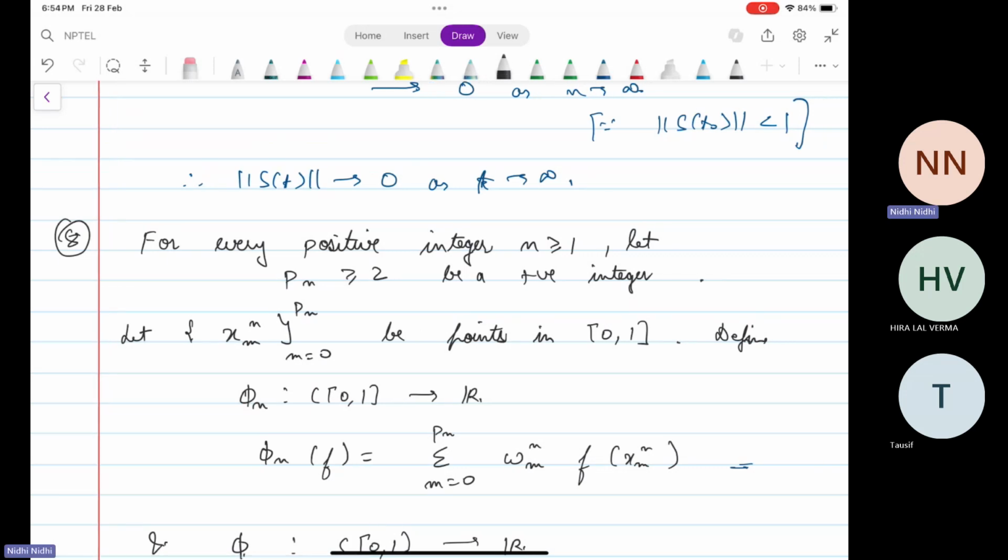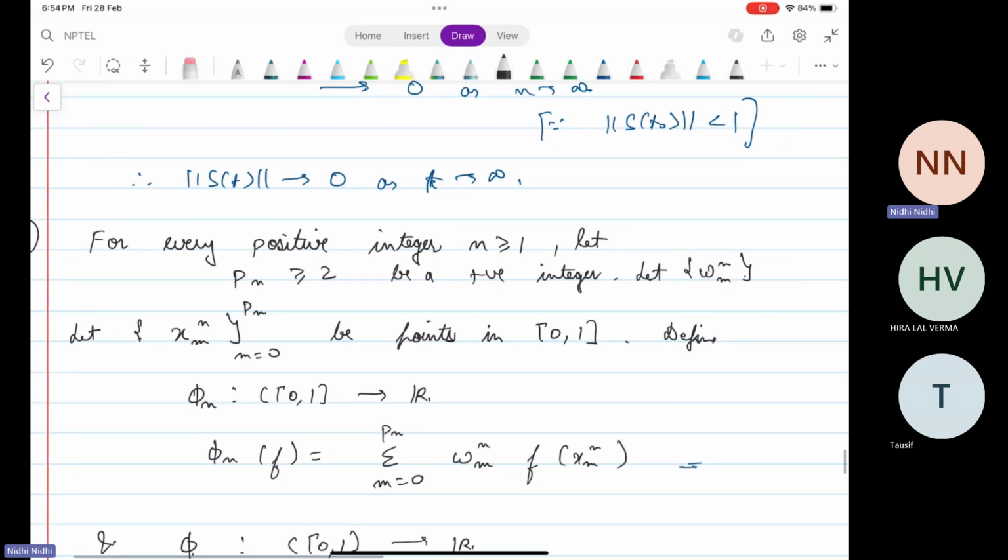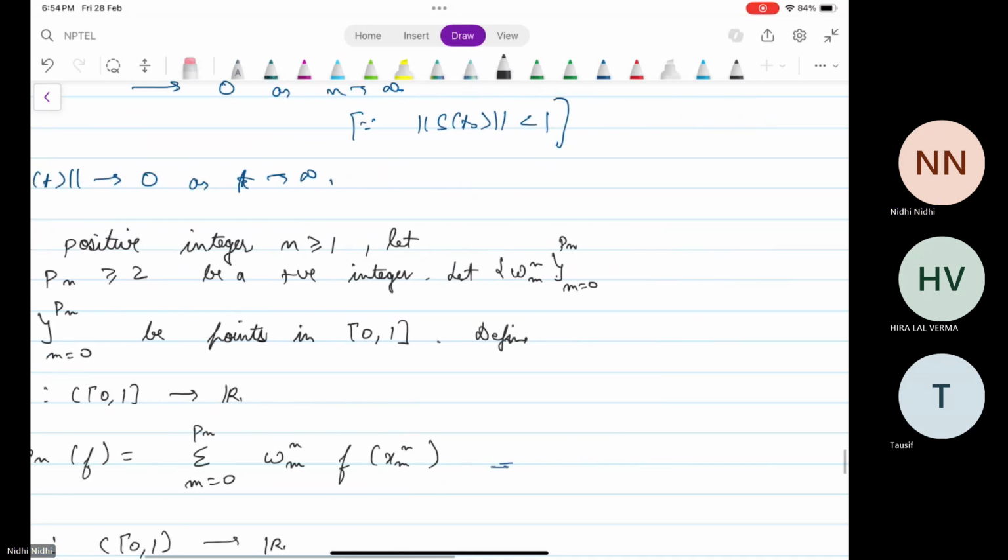Here we had the sequence w_mn, from this collection m equals 0 to P_n, a collection of positive real numbers.